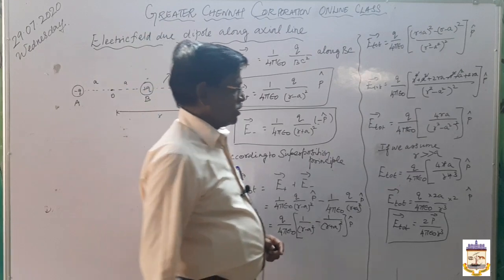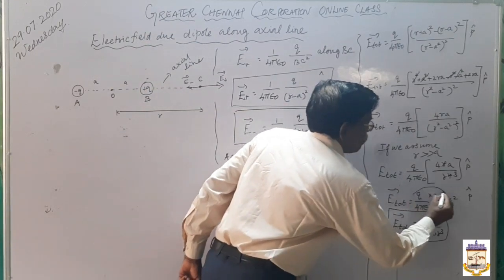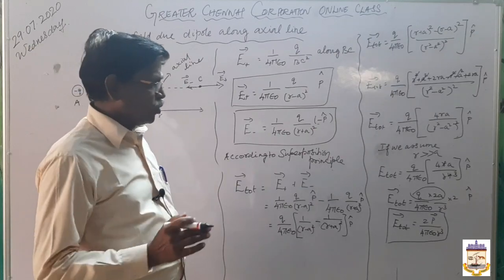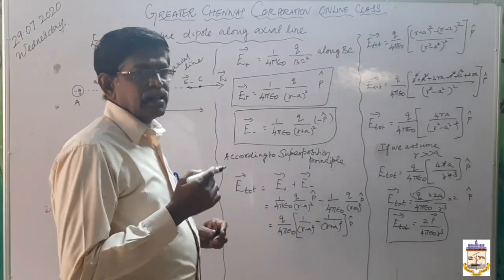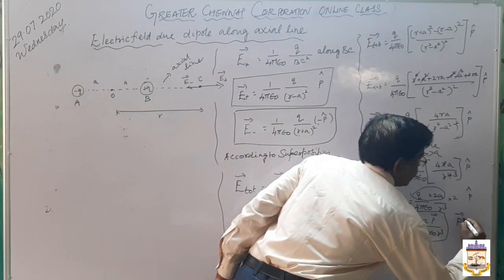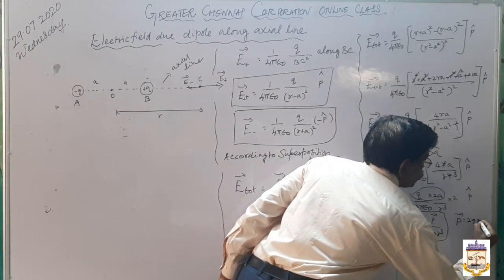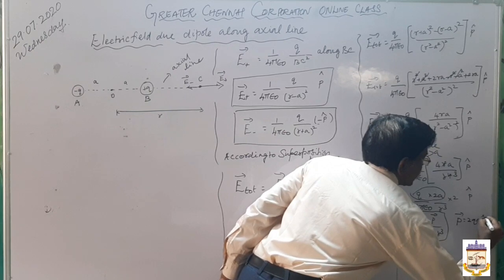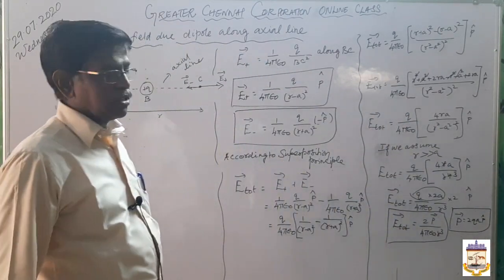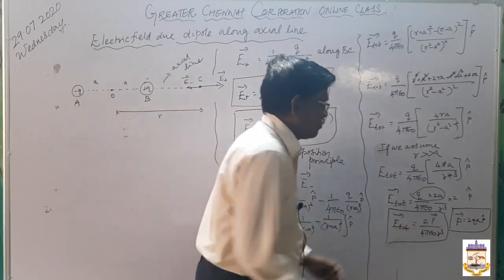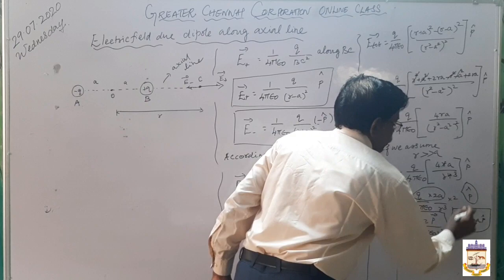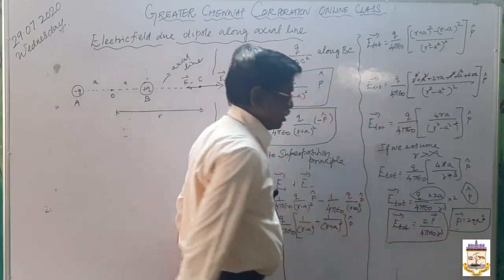Here 4a can be written as 2a into 2. Why? Because whenever you see q into 2a, that is nothing but the dipole moment. Including the direction, p vector equals 2qa into the direction of the dipole moment, so 2qa into p cap is represented by p vector.